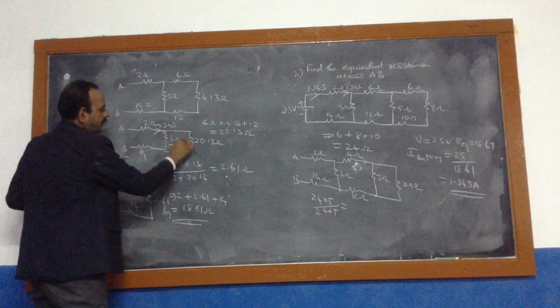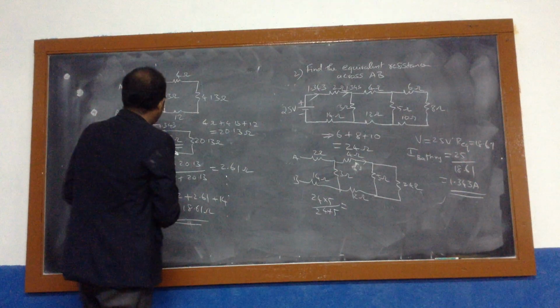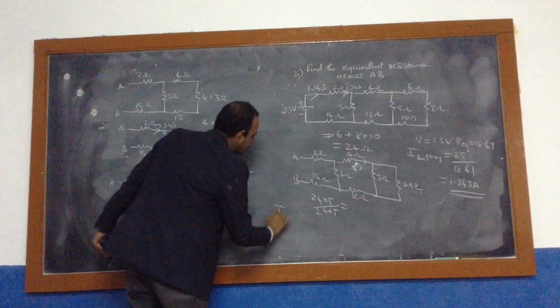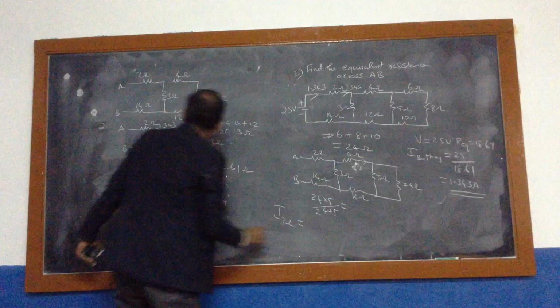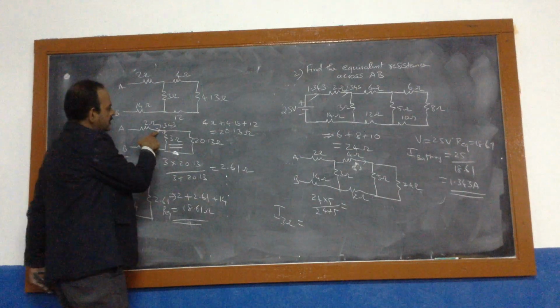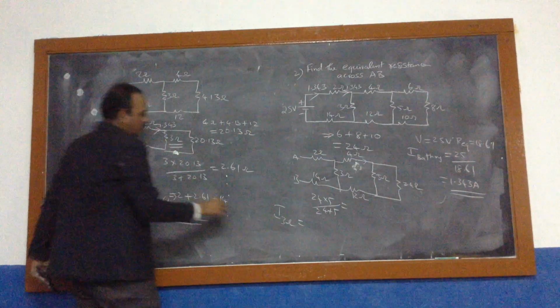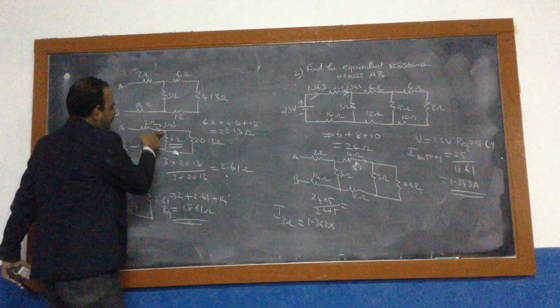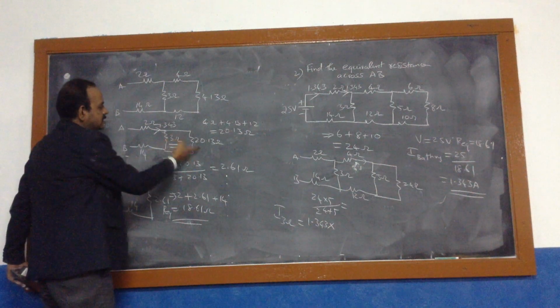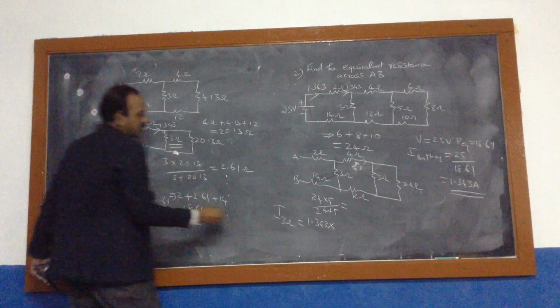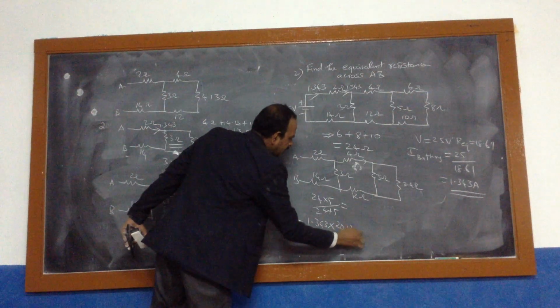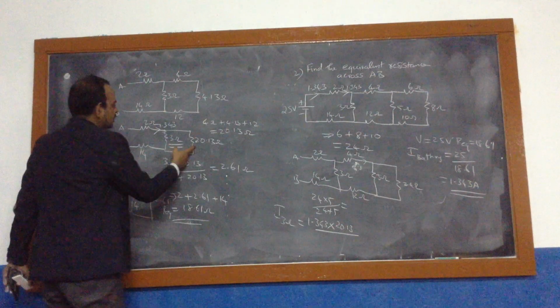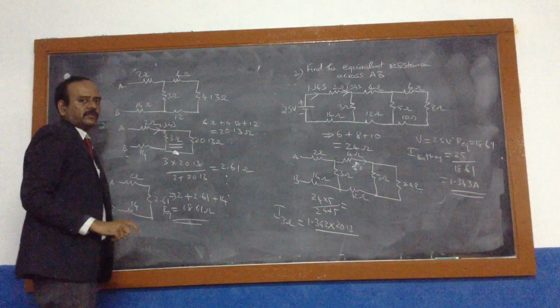So from here you can find the current flowing through 3 ohm. Here the total current is 1.343. So 1.343 into, if we want to find the current through 3 ohm, just take the opposite resistance, 20.13, divided by the total resistance, which is 3 plus 20.13.